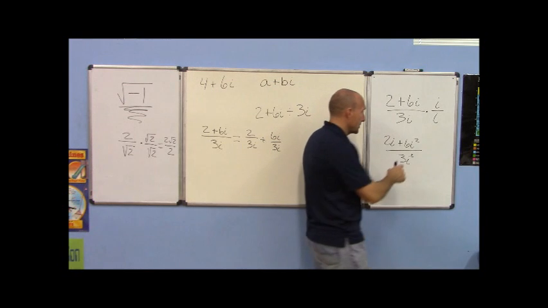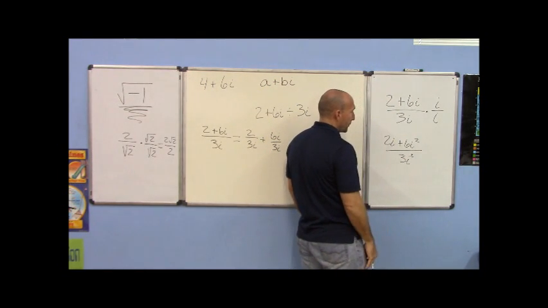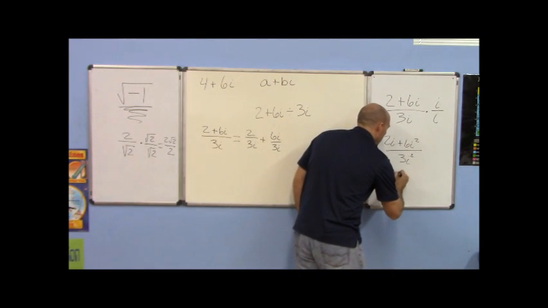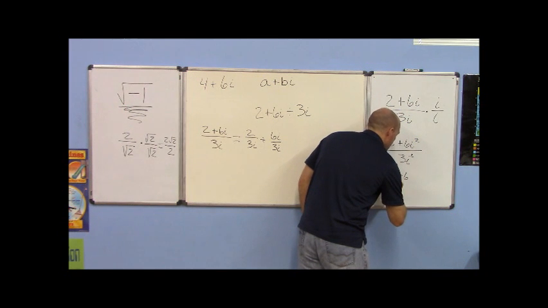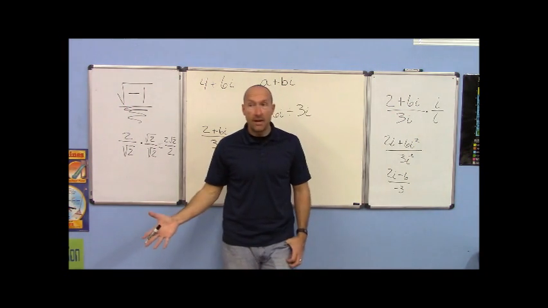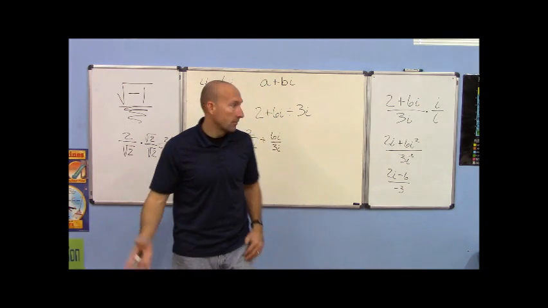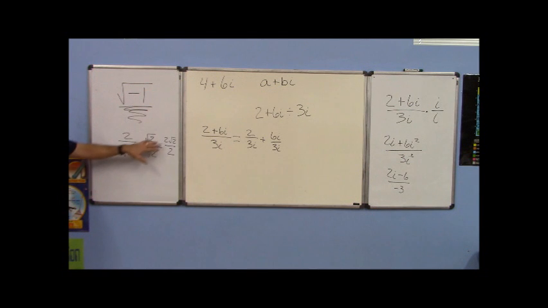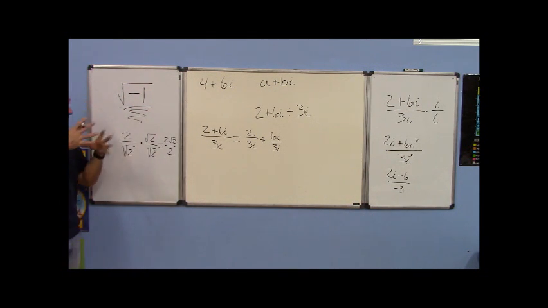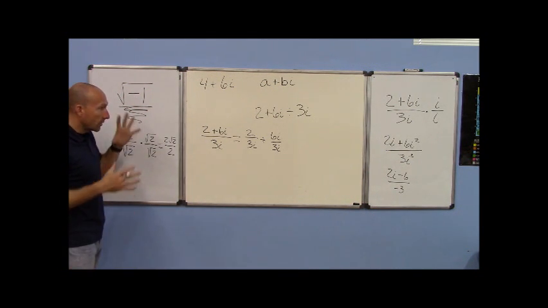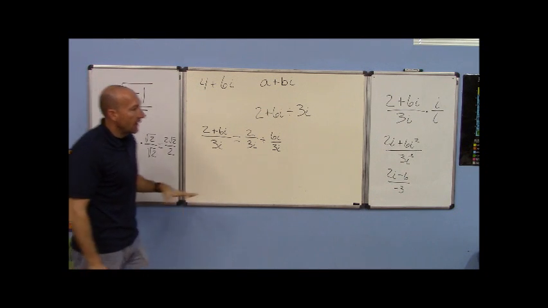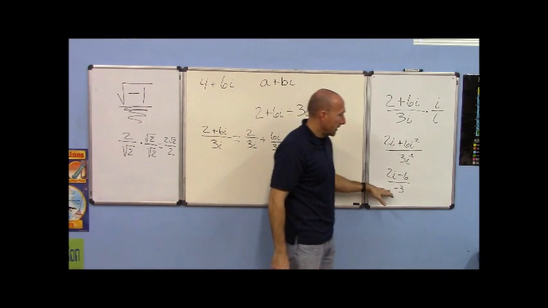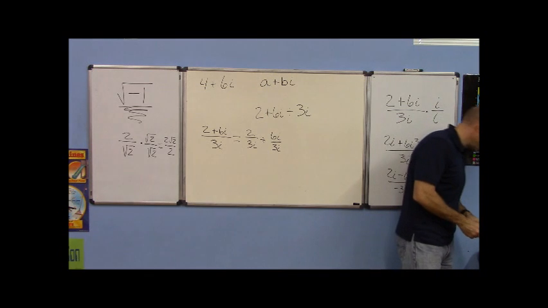So now we can substitute these out for -1, and we get 2i minus 6 over minus 3. And there we have it. Same type of form as this right here, if you think of the i as a radical or square root number. We have a real number down on the bottom, and then we can go from there.